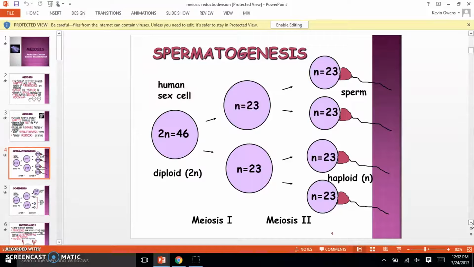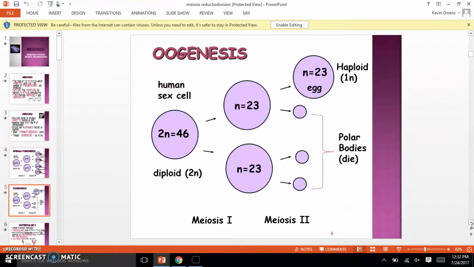You should still have 46 chromosomes in each one of those cells. Then they divide into 23, which is haploid. And then the egg, you'll see there that it only produces 1 egg, so it's not like the sperm cell, but you produce just 1 true egg and 3 polar bodies, which will later die.